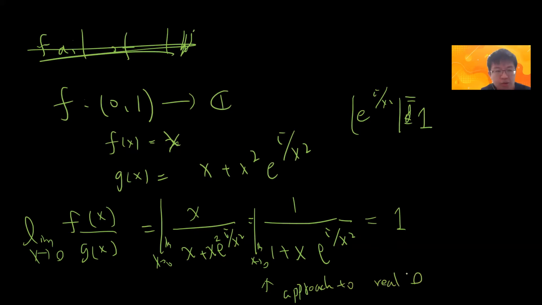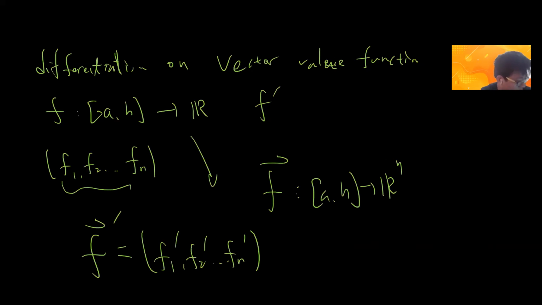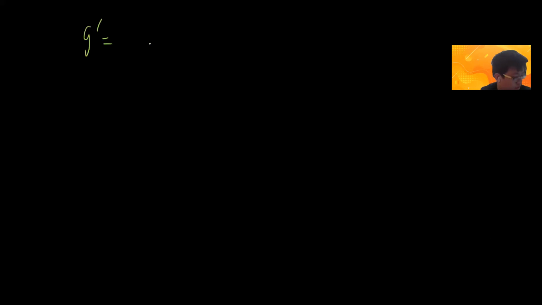What about the derivative? So g prime will be 1 plus 2x minus 2i over x e to the i over x squared.